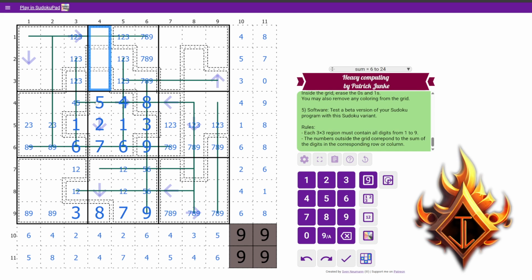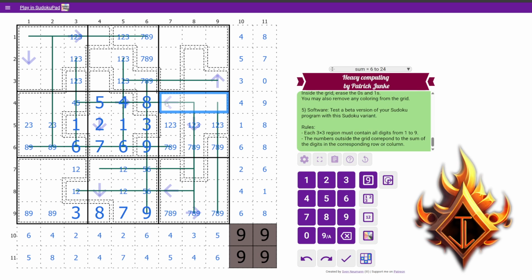It's not going to give me a number, though. Maybe this one, because this is 4, 5, 6, obviously. It's the only thing that is left.